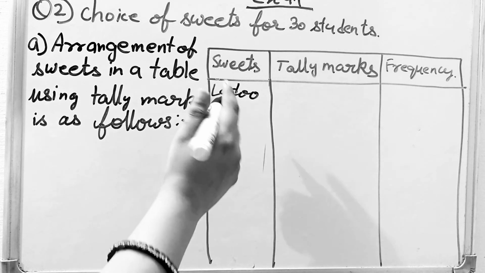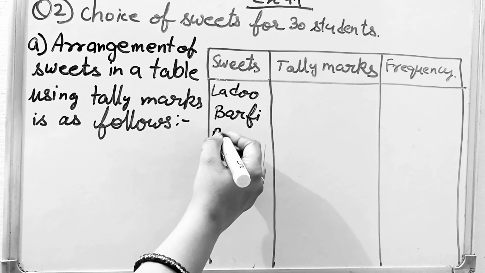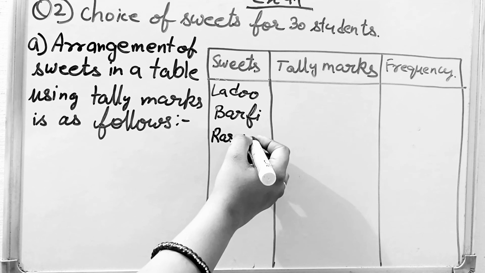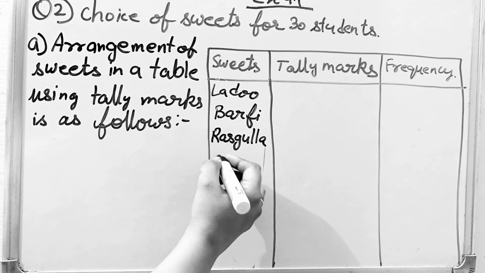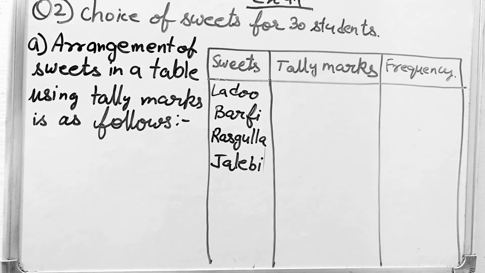Like I am writing here laddu, barfi, rasgulla, jalebi. These 4 sweets are given in your data. There is no other sweet given.